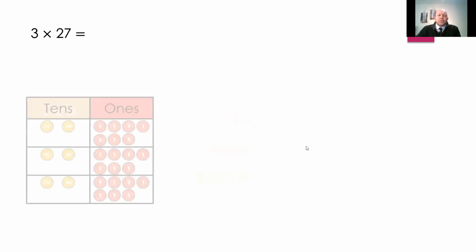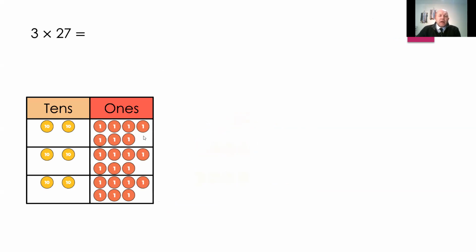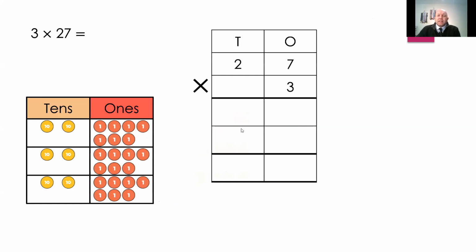Now, there's our counters, but we can also write that in a formal method like this, okay, where we can see our 27 is at the top, our 2 10s, our 7 1s, and then beneath that in the ones column is the 3. So 27 multiplied by 3.